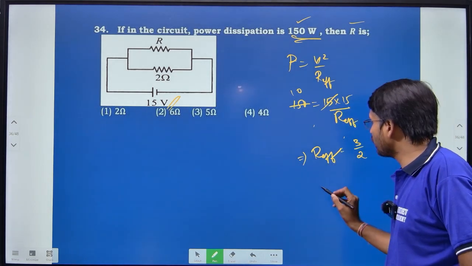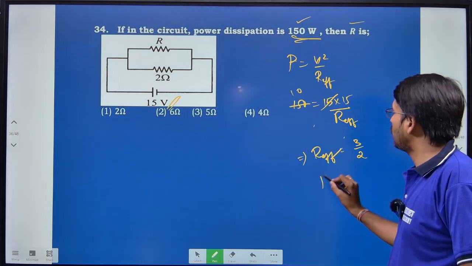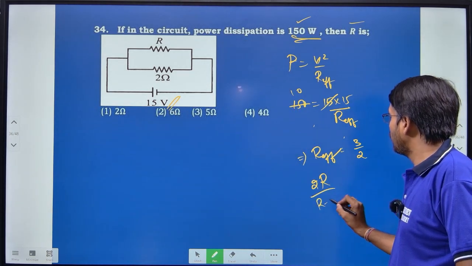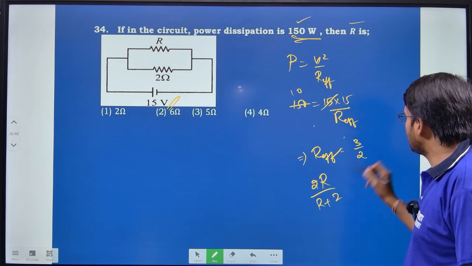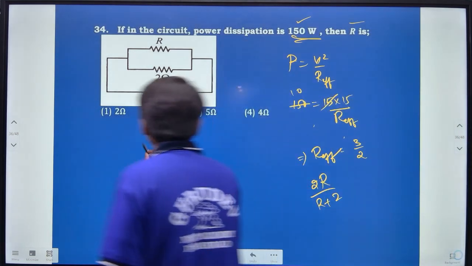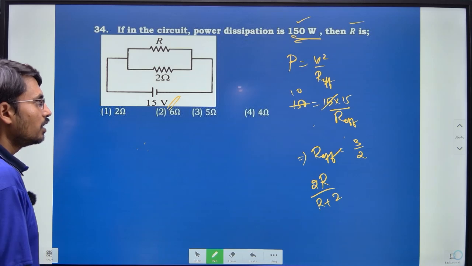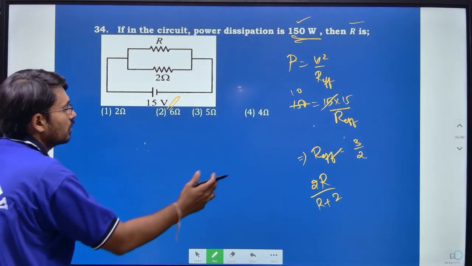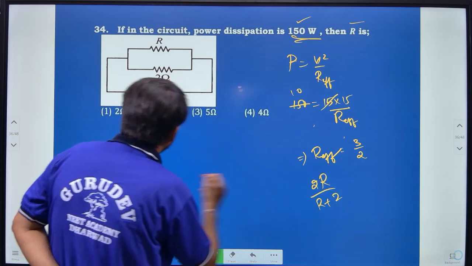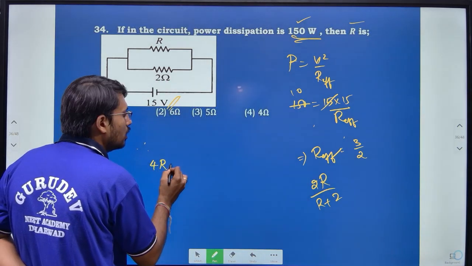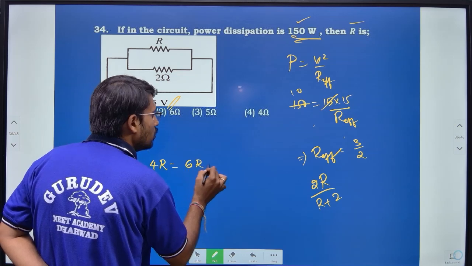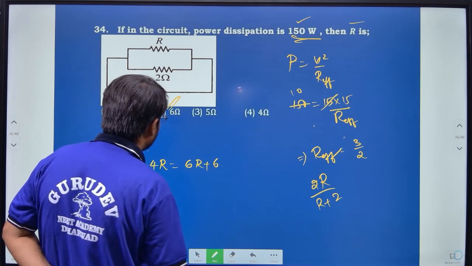We know for the parallel combination, R effective is 2R divided by R plus 2. So simplify this.